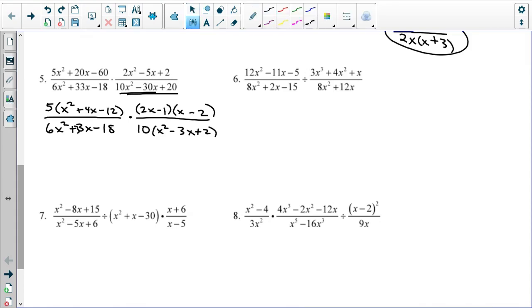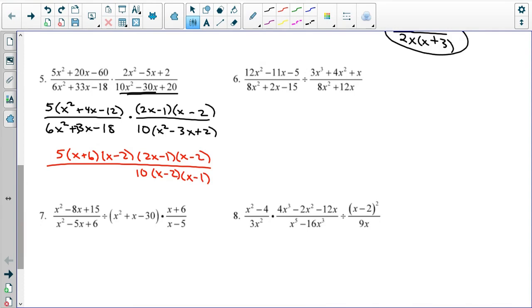Okay, so if I start to factor this a little bit more closely, I have 5 times x plus 6 times x minus 2. And then I also have 2x minus 1 and x minus 2 in my numerator. And then if I look at the back half of this on the denominator, I have 10 times x minus 2 times x minus 1.